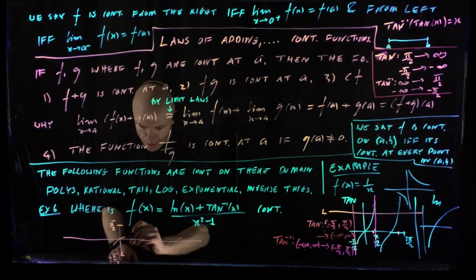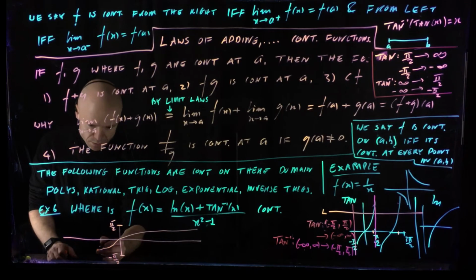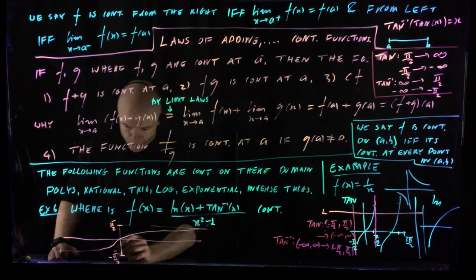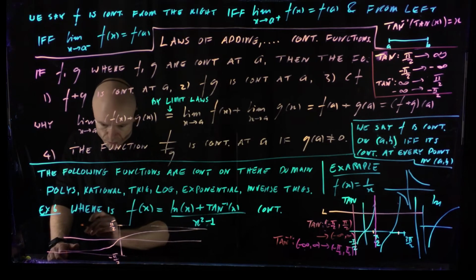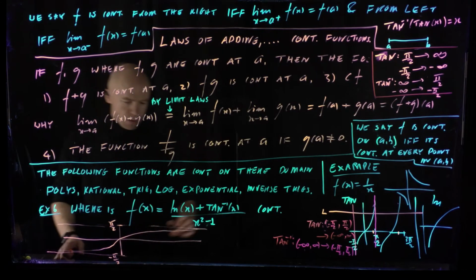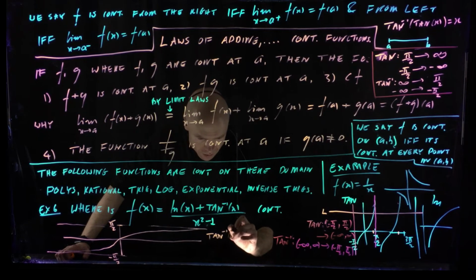It's kind of looking like this. So this is tan to the minus 1 of x, i.e. arctan.